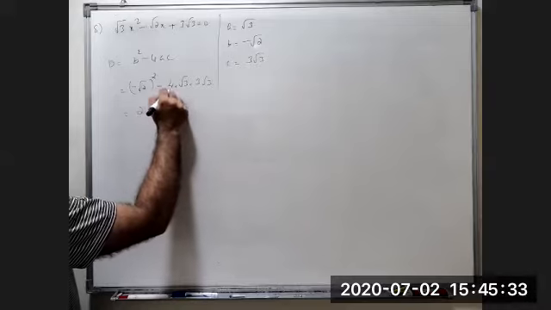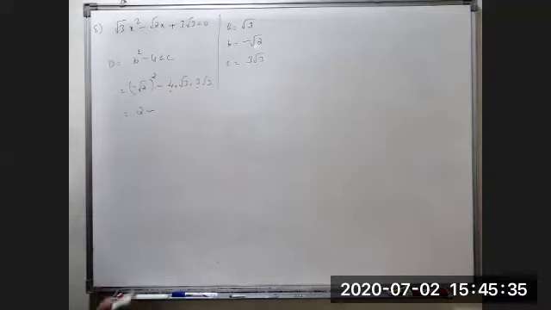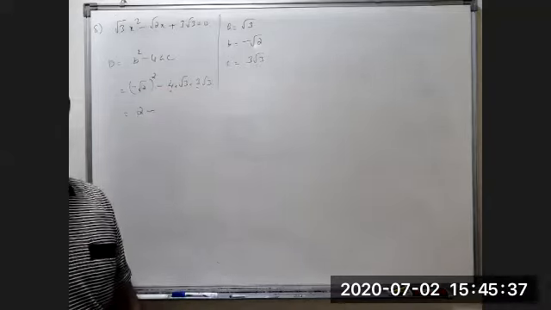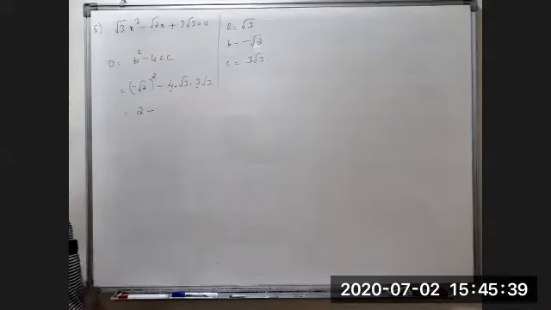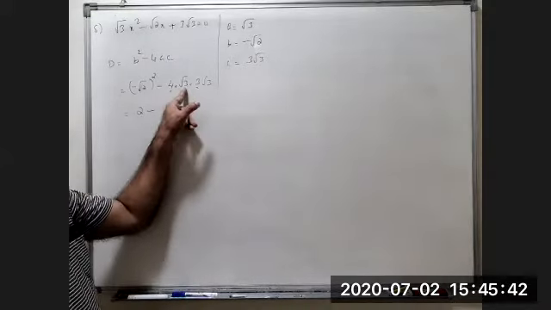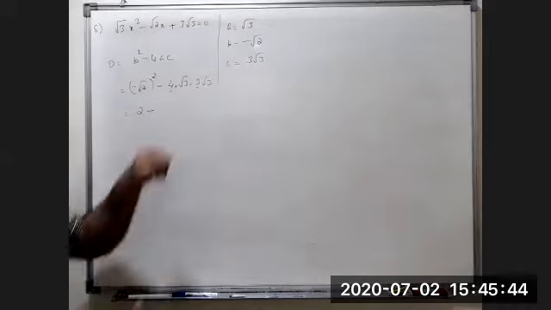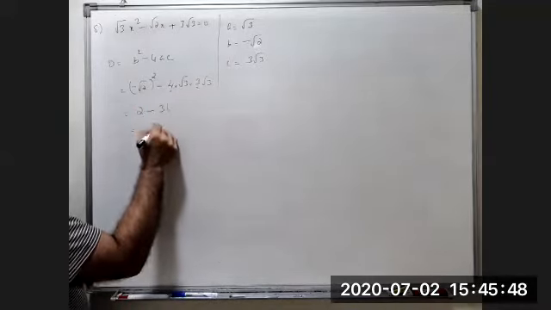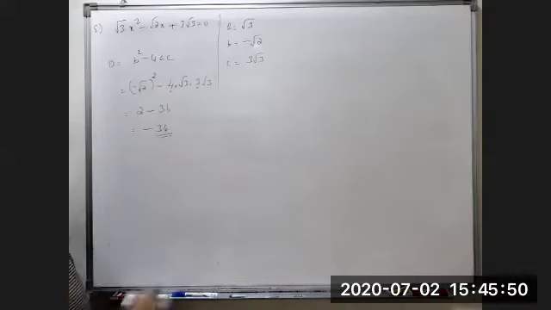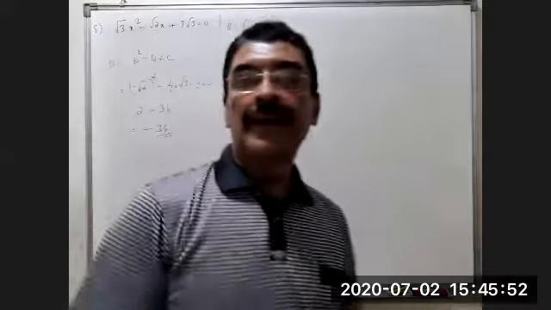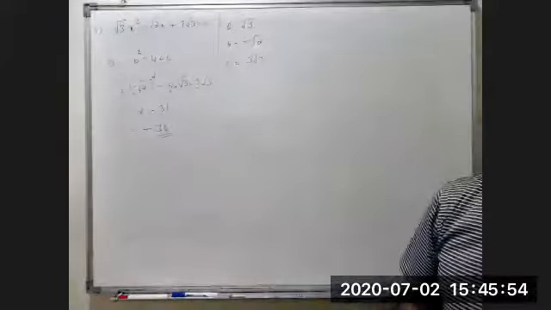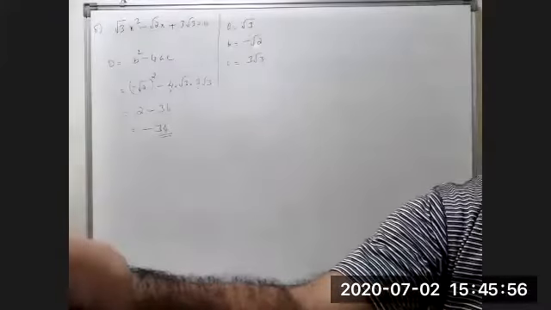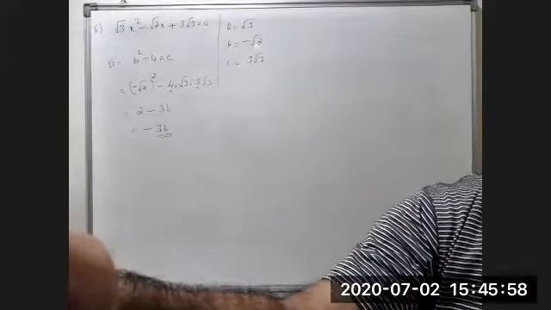Minus 4 into 3 is 12. 4 3s are, yes, Abdul Kader, you are right, 4 3s are 12. Root 3 into 3 root 3 is 9, so 4 into 9 is 36. So it is 2 minus 36, that is minus 34. That will be negative, minus 34. Yes, Ayub Akhtar, you are also right.